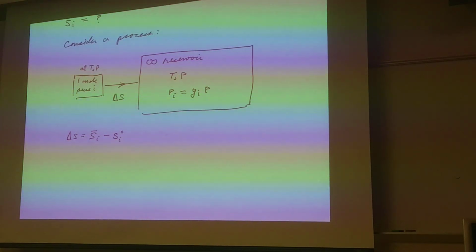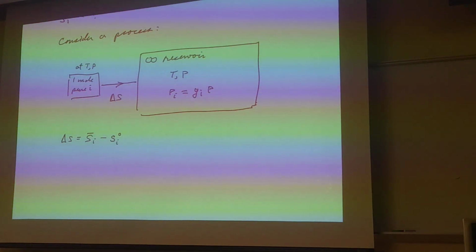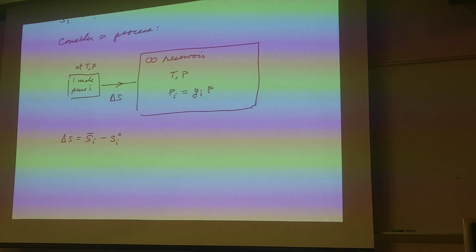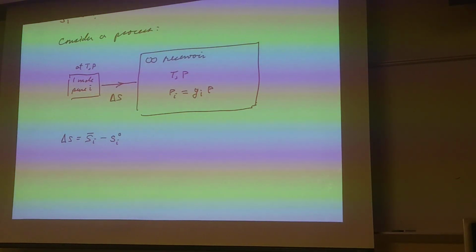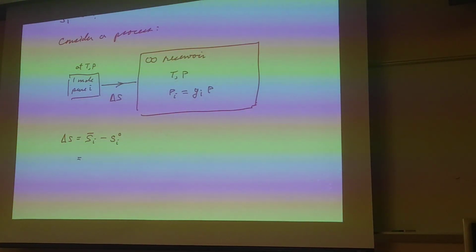Solve this, get an expression for this, then I will be able to obtain what the partial molar entropy is. So this is equal to, we can break it down into steps.